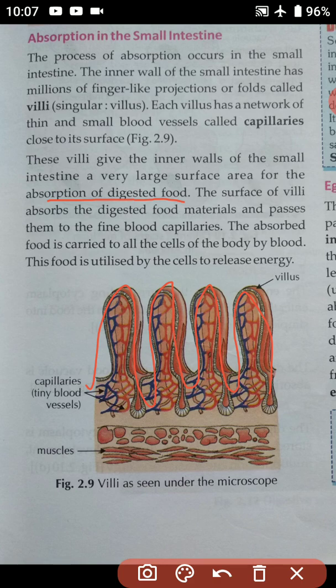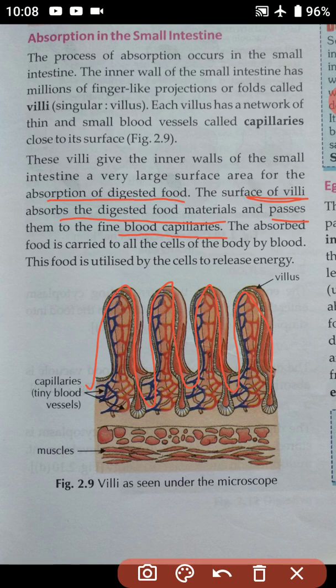The surface of the villi absorbs the digested food materials and then passes them to the fine blood capillaries. So who will absorb the digested food materials? The surface of the villi, and then they will be passed into the fine blood capillaries. I hope this is clear.